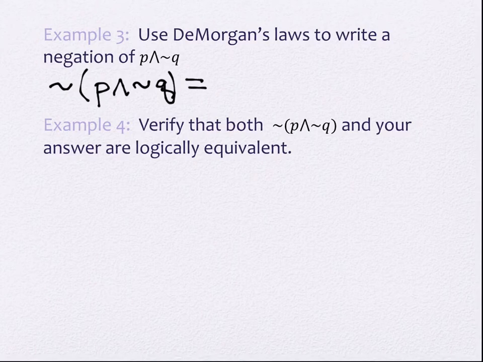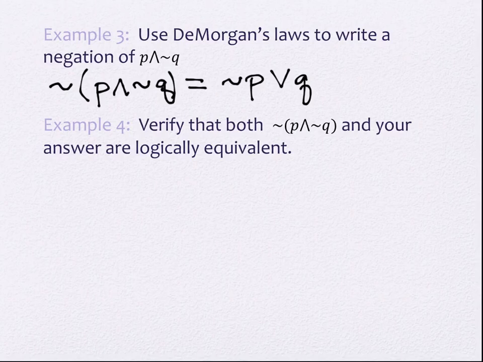If I move the tilde through, what will this look like? What will the first piece become? Tilde P. And then what will I write down? An or statement. And then I will have Q when I'm done. It's like the opposite of negative 2 is positive 2. The opposite of a tilde is not having a tilde.